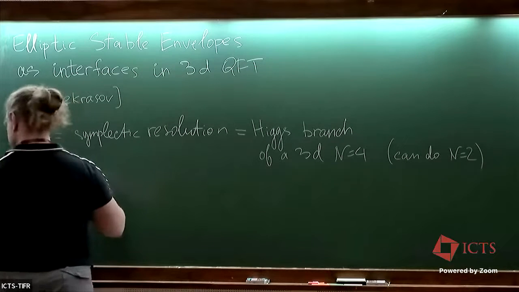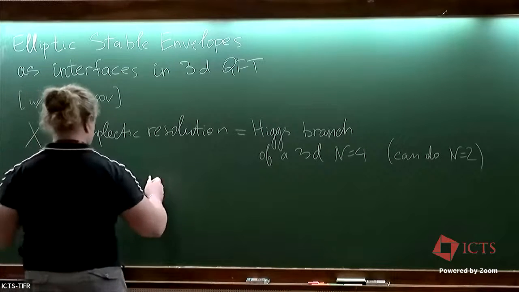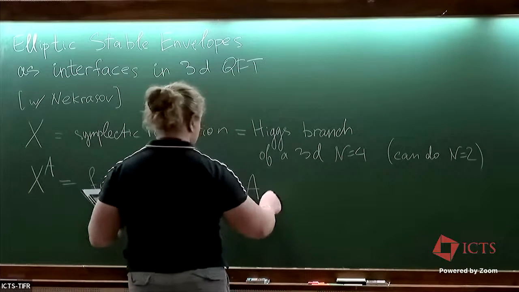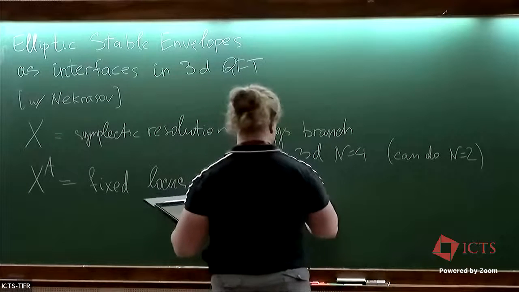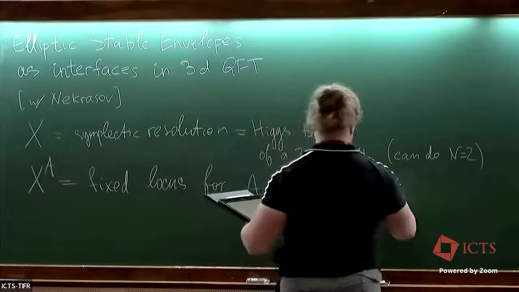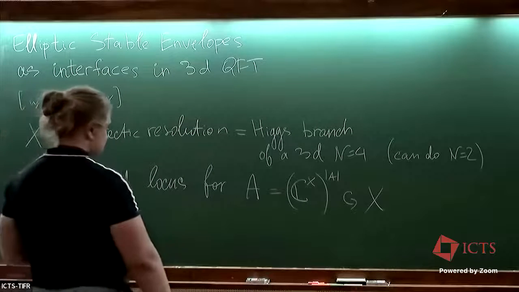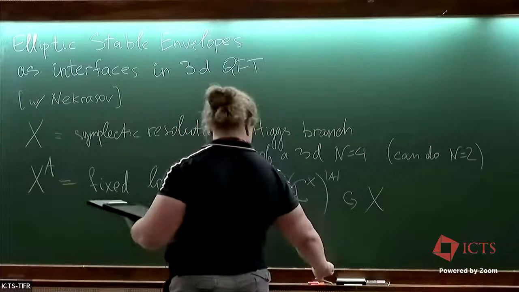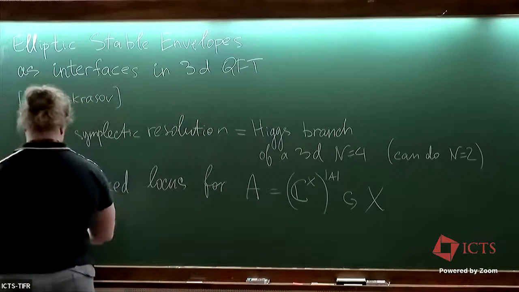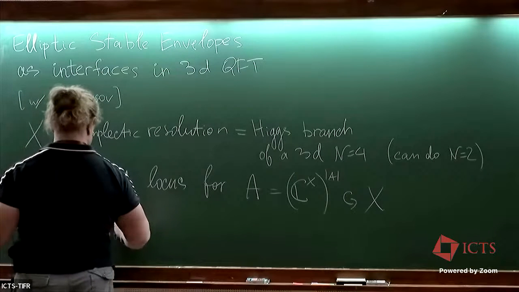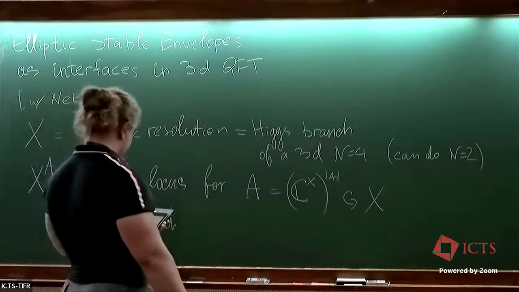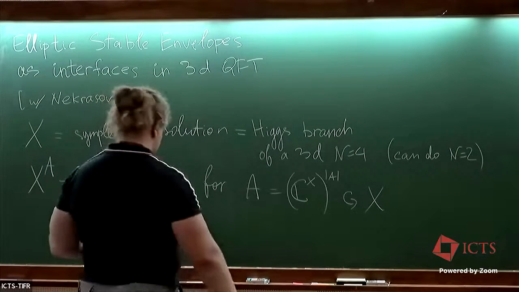But so in the last talk, it was the fixed locus for a certain torus A acting on X, and it is natural in the same spirit to think about it as, again, the Higgs branch of the same theory, but with certain masses turned on.